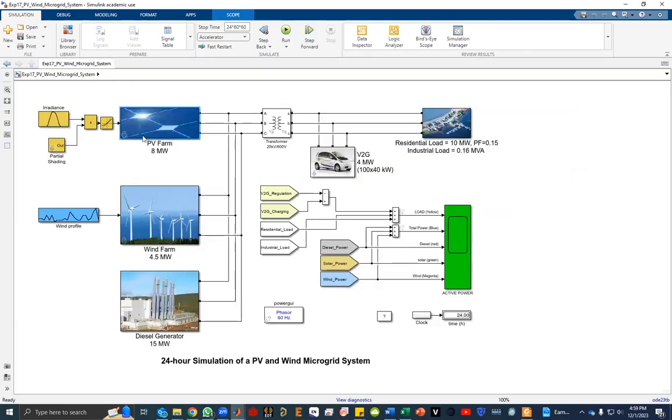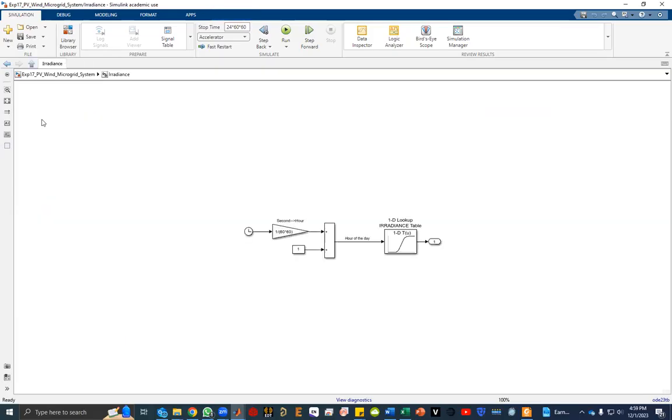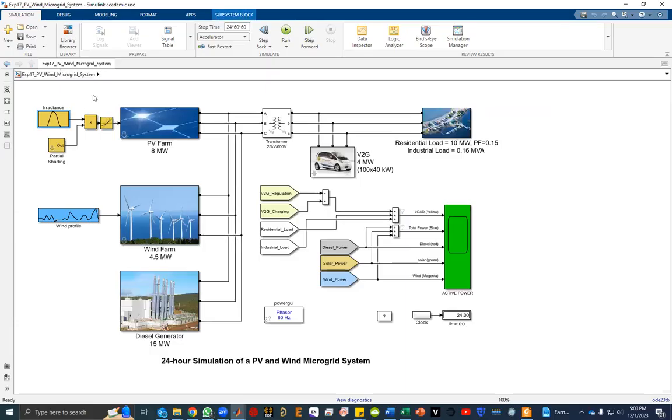If I click here, it's the irradiation profile. If I double click here, you will see the irradiation profile is given here. I can change it, because solar irradiation changes depending on the time of the day.